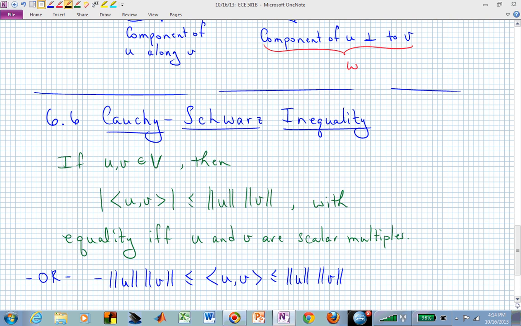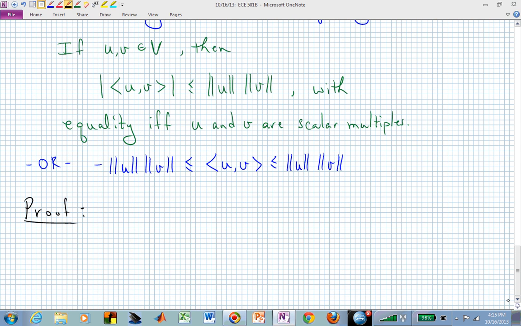Let's now convince ourselves, which means prove this relationship. To do that, first we need to let these two vectors be in our vector space V. Now, we look at a couple of cases.